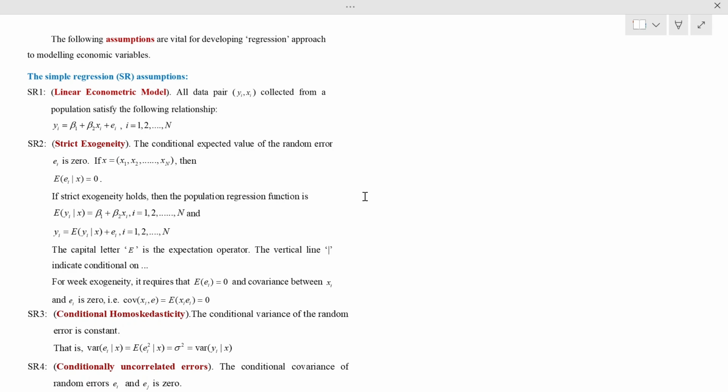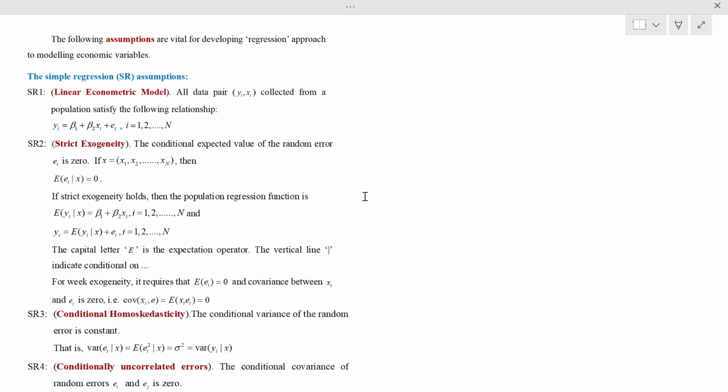Or in other words, are our estimates of beta 1, beta 2 getting close to the true value of beta 1, beta 2, which is unobserved to us in a certain sense, or in probability, as our sample size n goes to infinity?